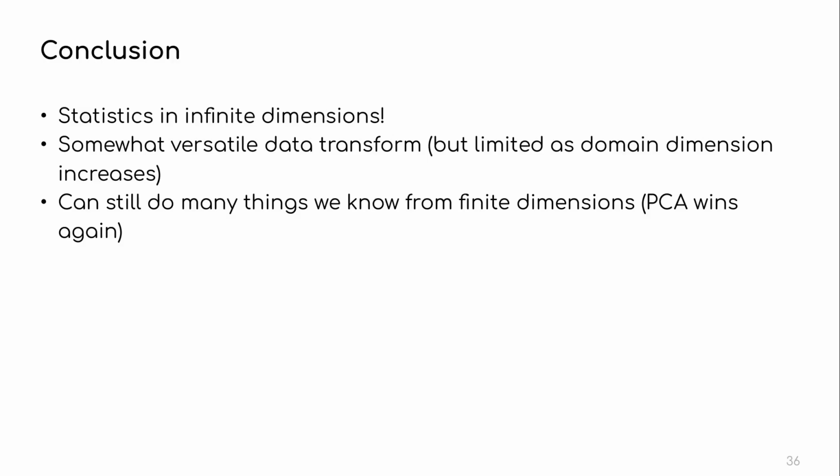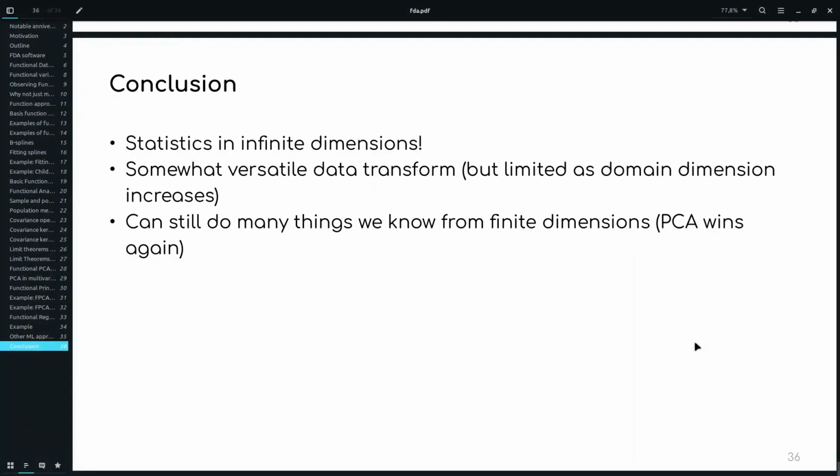The one problem we have is if we have an increasing domain dimension, say a domain that is a volume, or volume over time, we run into the curse of dimensionality again. Fitting these splines over high dimensional domains gets more and more expensive as the dimension increases. But still, we can do quite a lot of things we know from finite dimensions, in particular PCA, which here works super well. So yeah, that was it.